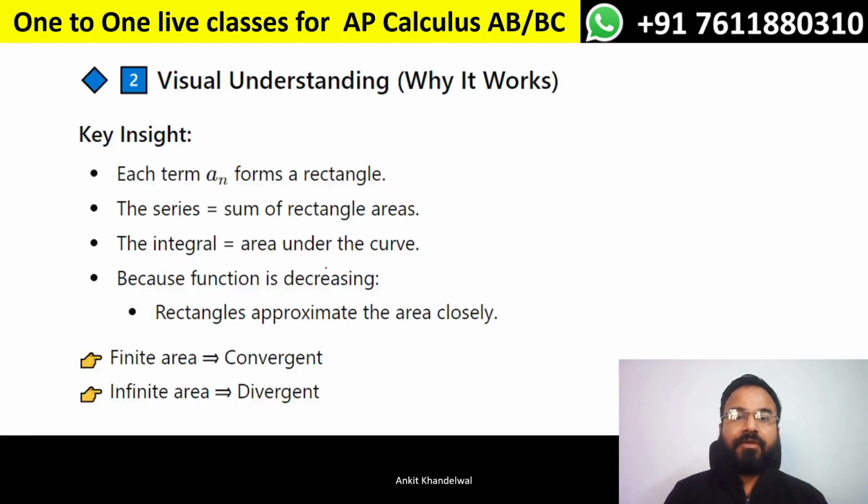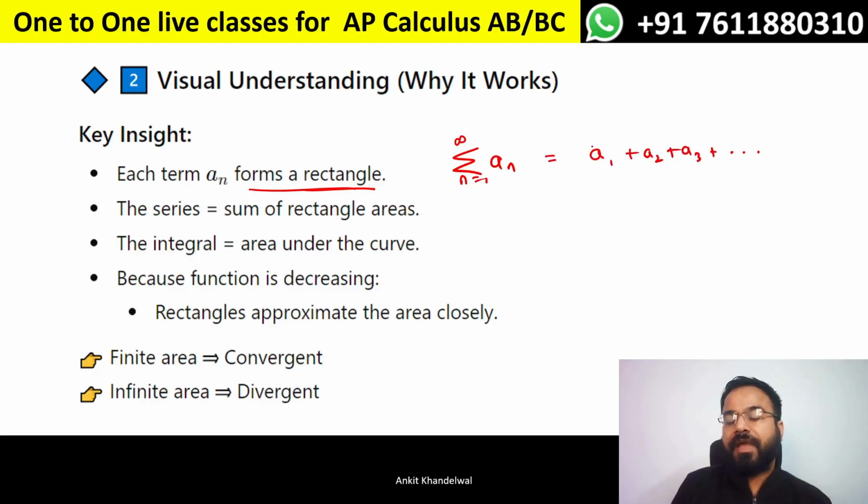The most important thing over here is that when we are talking about the series, when n goes from 1 to infinity, every term an forms a rectangle. The series means a1 plus a2 plus a3, and every term forms a rectangle.